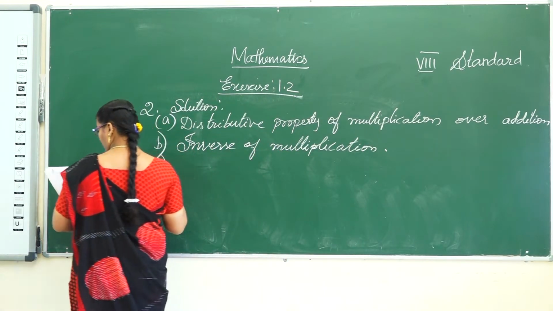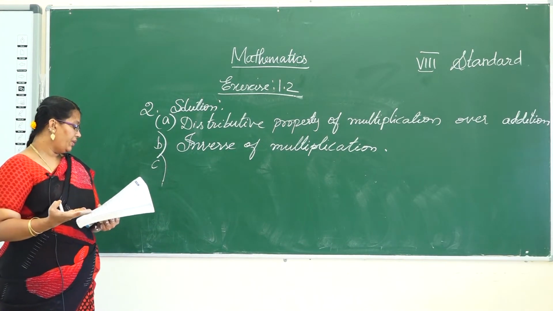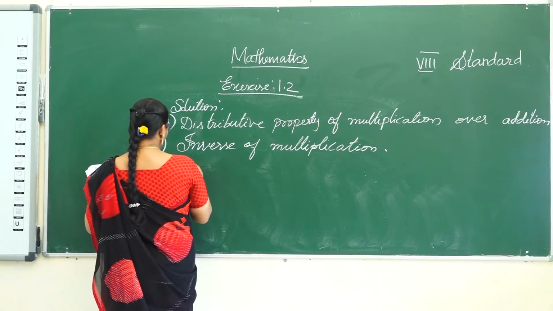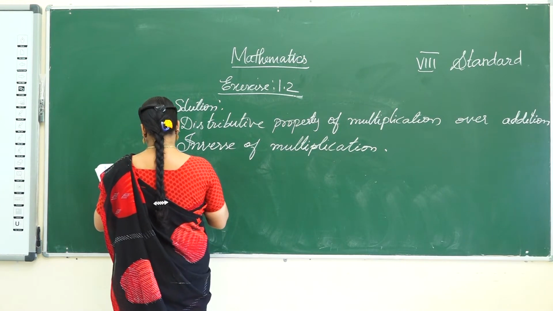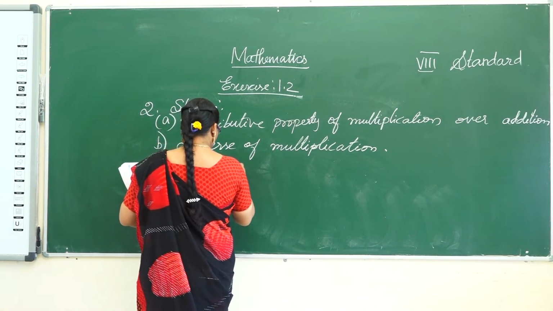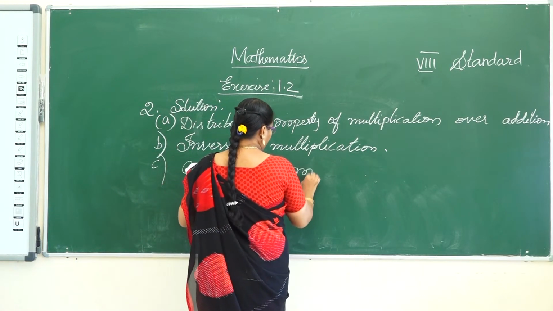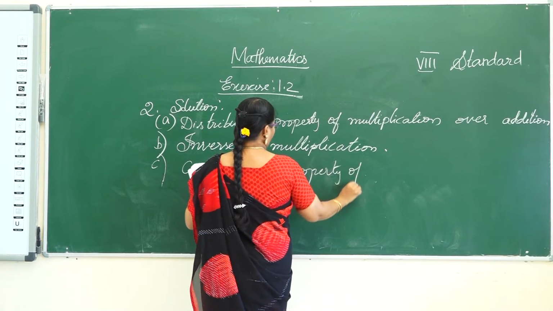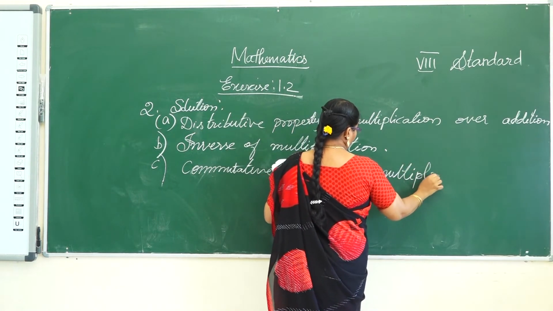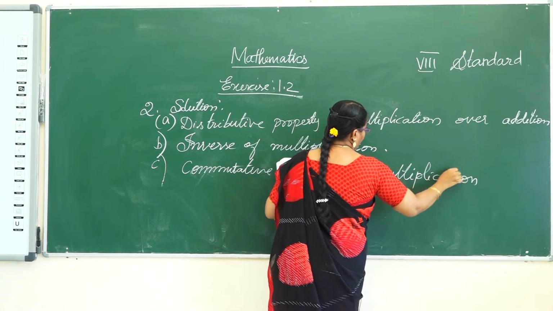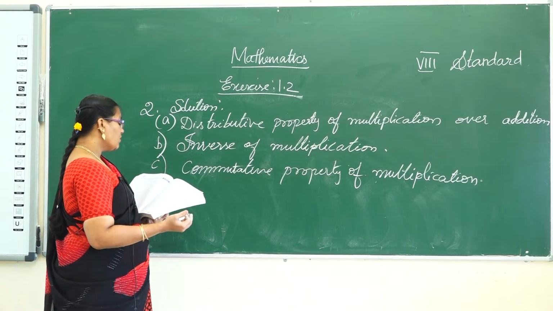And C, clearly observe the C problem: commutative property of multiplication. And D, associative property.